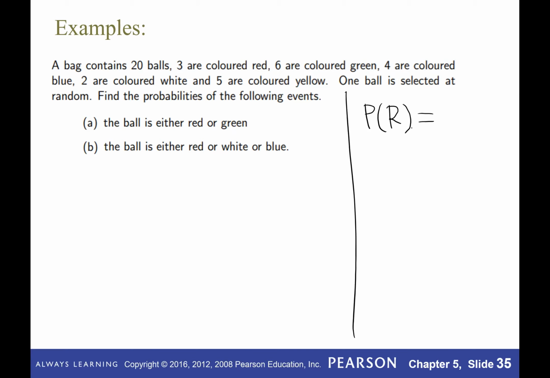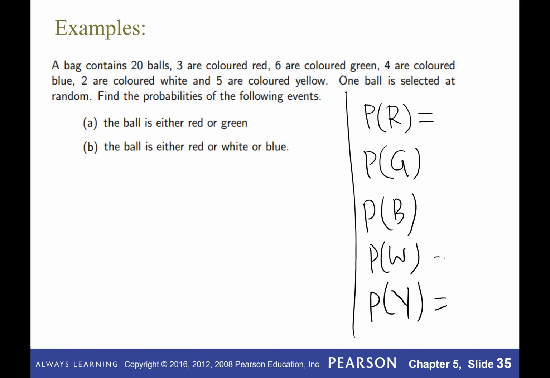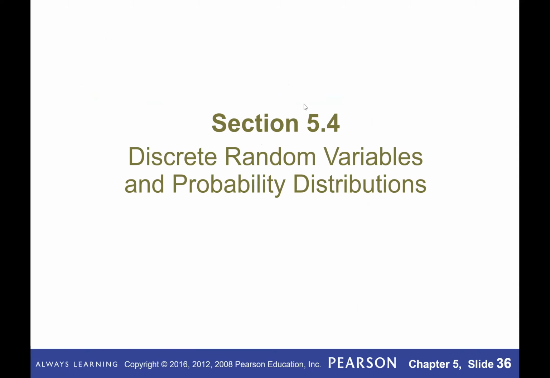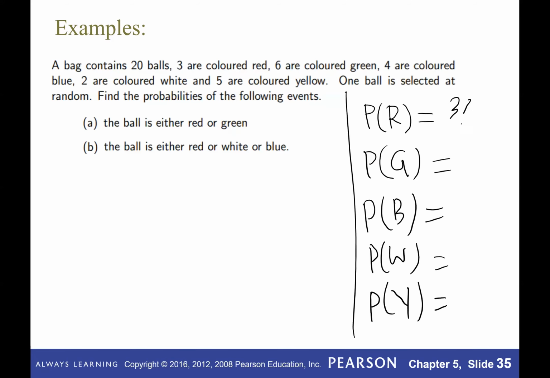What is the probability of green, blue, white, and yellow? Okay, 3/20.